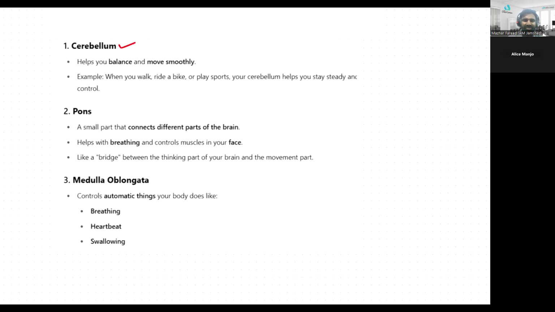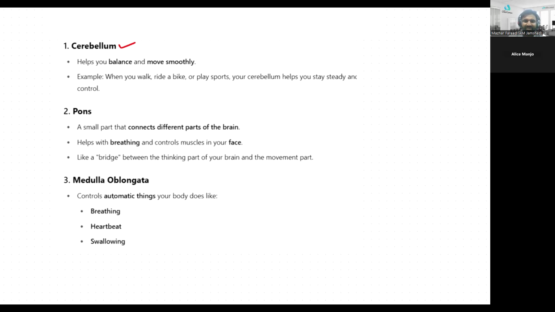The second portion of the hindbrain is the pons. The pons is a small portion that connects different parts of the brain. It controls the breathing pattern, and it also affects our sleeping cycle. It controls the muscles in your face.